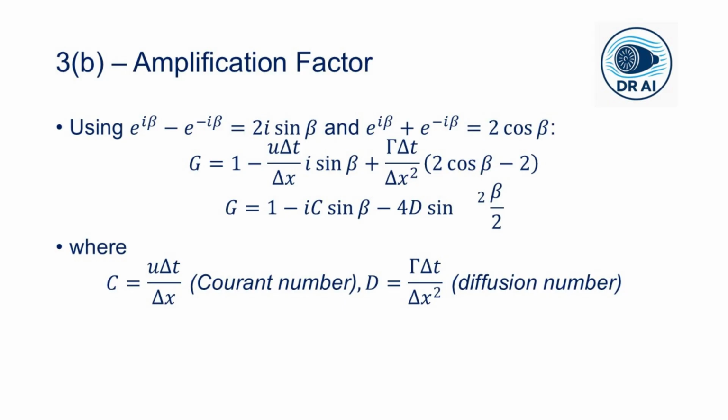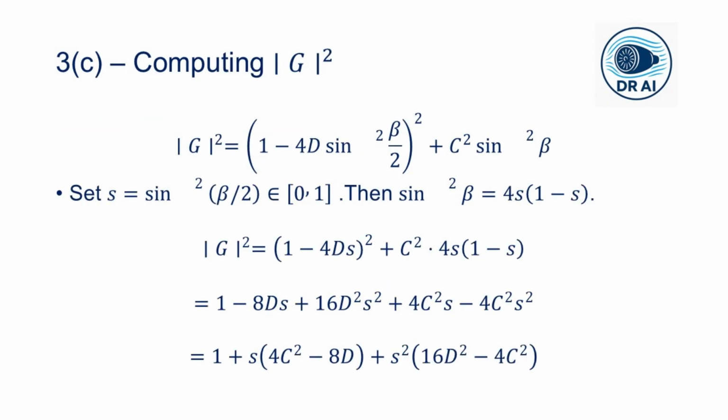Then g equals 1 minus i C sin beta minus 4D sin square beta by 2. This is a complex number and its magnitude squared must be less than or equal to 1 for all beta if we are to satisfy the stability condition.